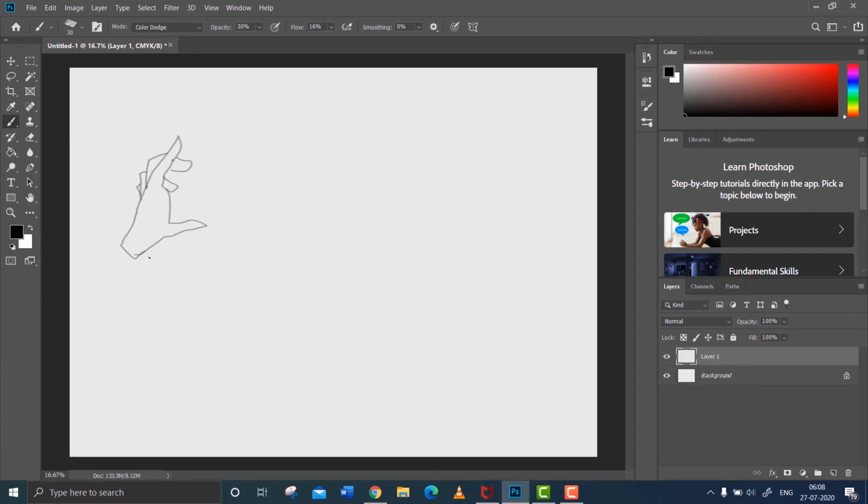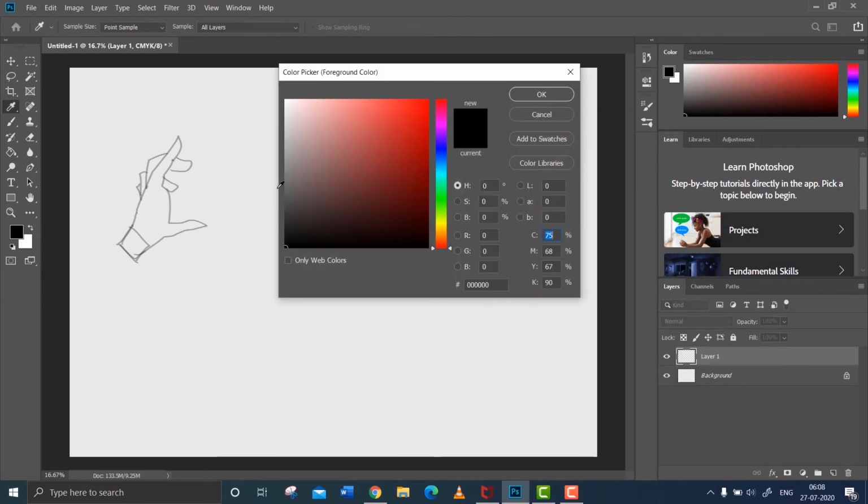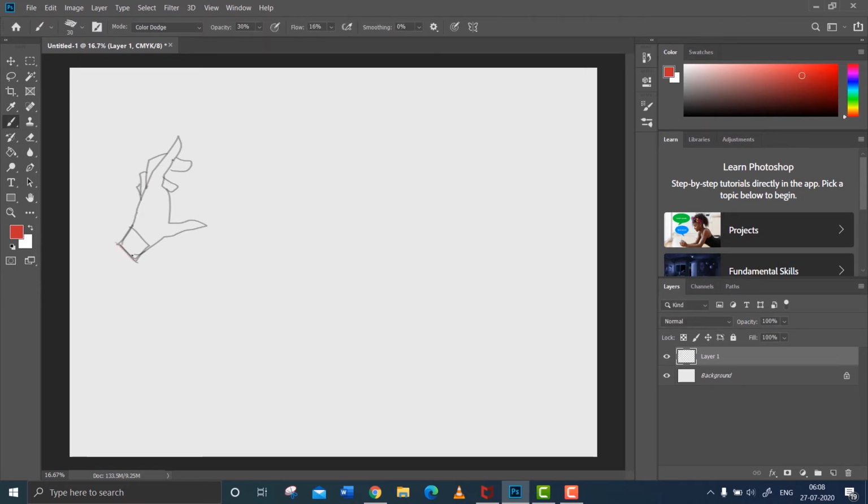Now, the breakdown we have to do using forms. Let's see this. Let me change the color. This can be considered as a square.